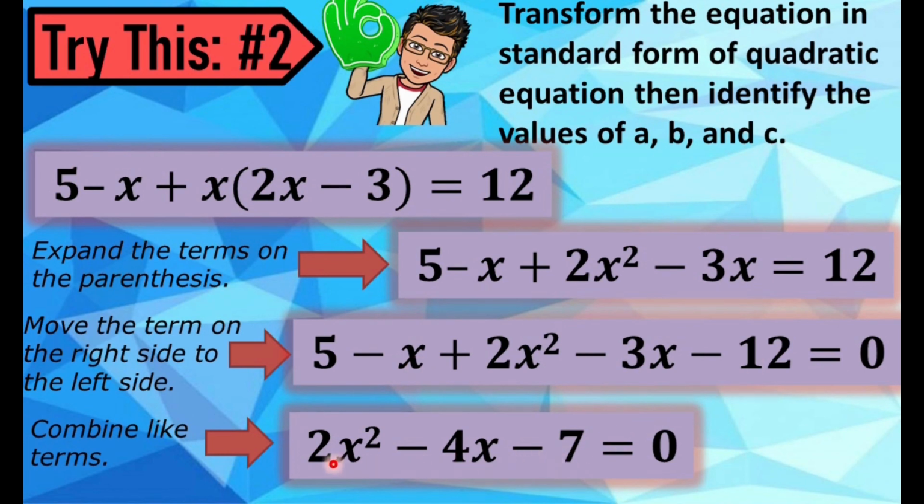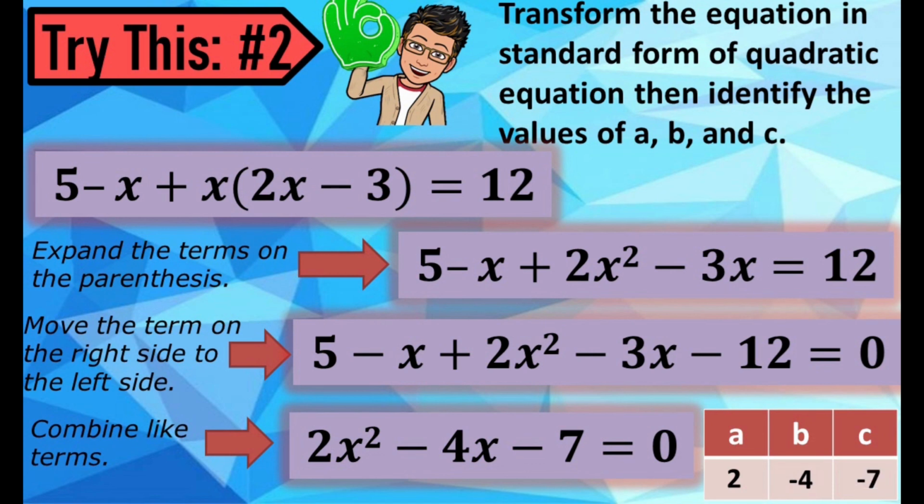So our final quadratic equation is 2x squared minus 4x minus 7 is equal to 0. Our a is 2, our b is negative 4, and our c is negative 7. Did you get that right? Okay, very good.